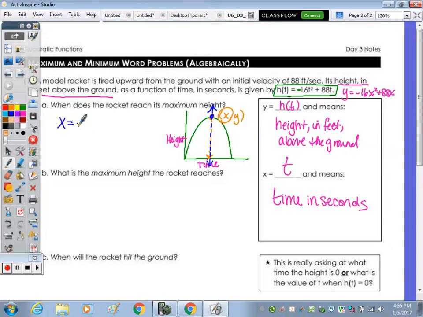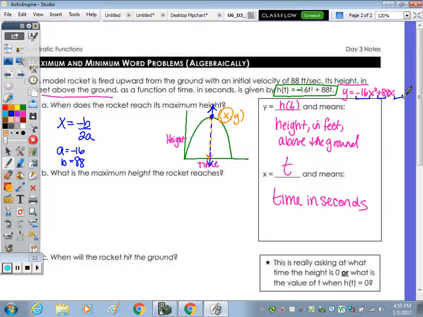to find x. So back over here, we have an a value of negative 16 and a b value of 88. Because it goes a in front of the x squared, and then b, and then c last. So our c value is 0.